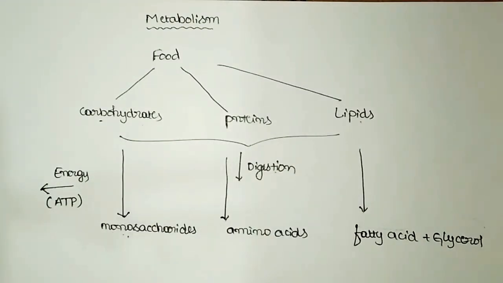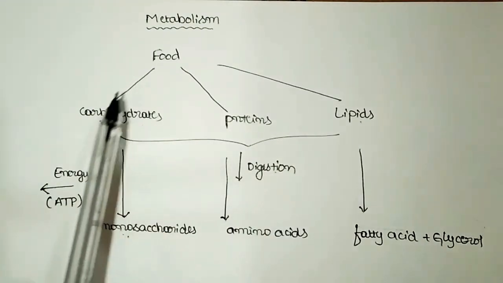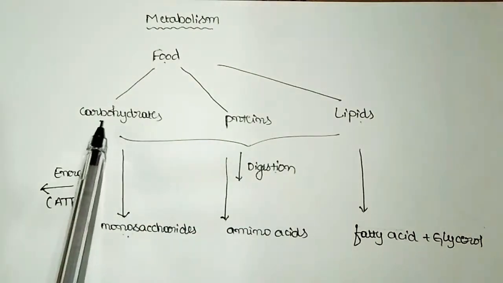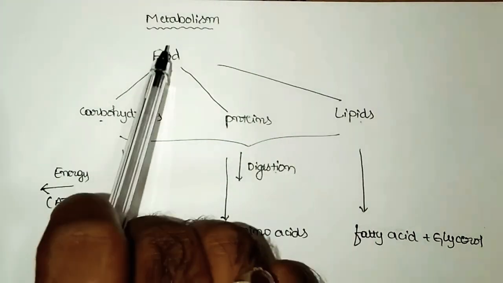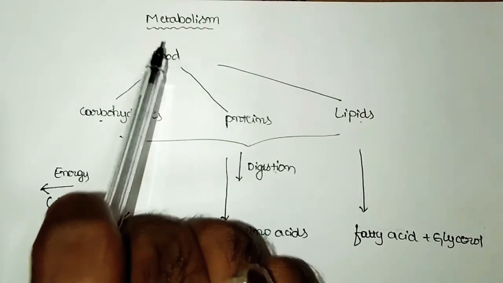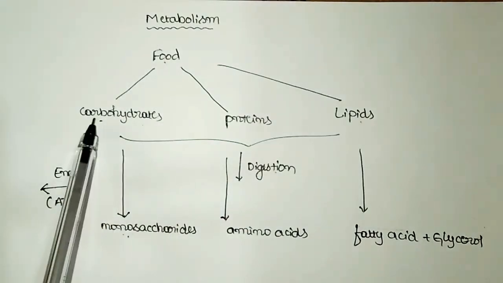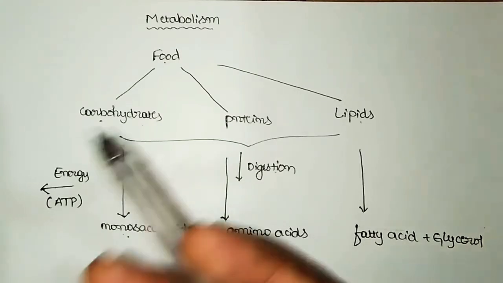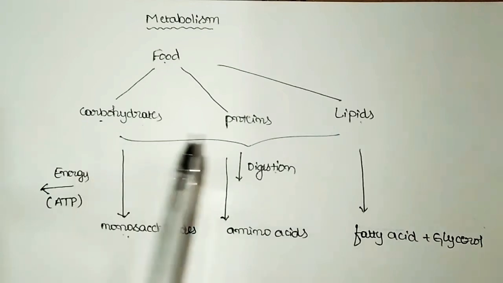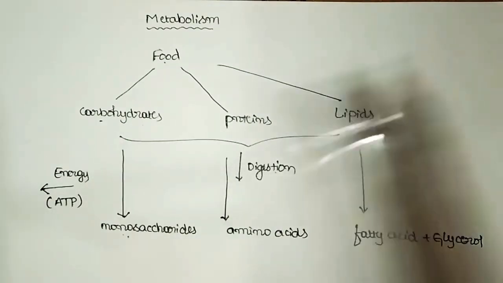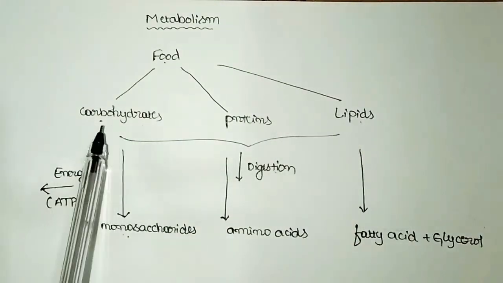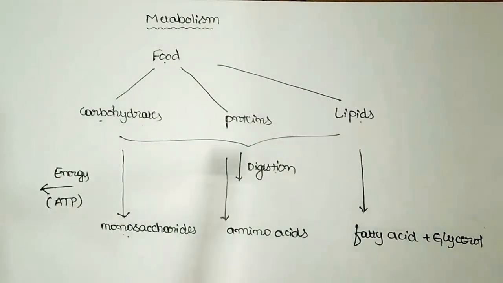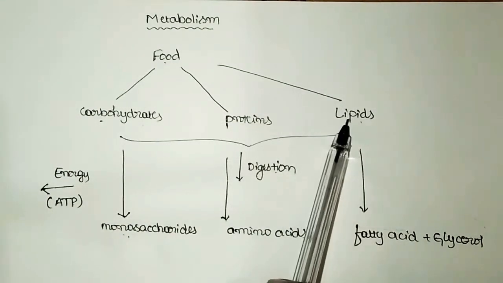That means within the body, once the food is consumed, the complex nutrient molecules present in the food give simpler units, and these simpler units will convert back into carbohydrates, proteins and lipids, or to some other materials, but not the same carbohydrate, same protein and same lipid.